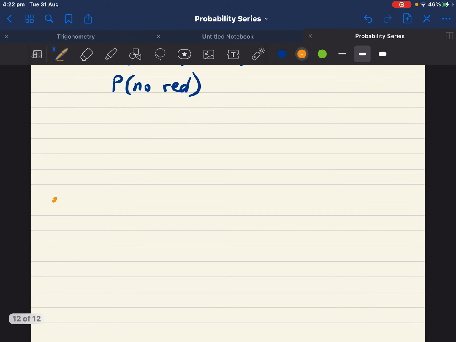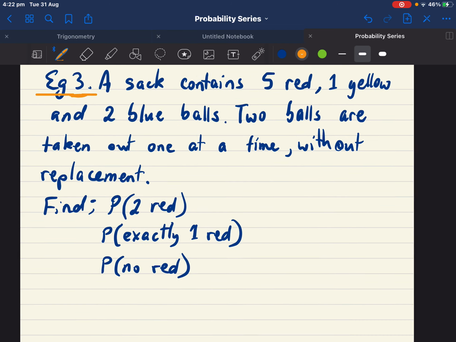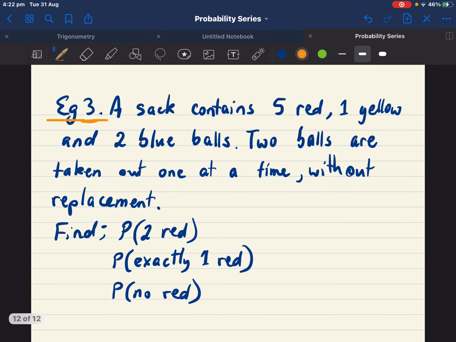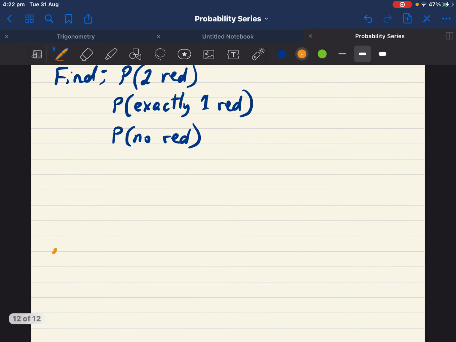All right, let's start it off. What's the first thing that's happening in this multi-stage event? We're going to be taking a ball out of a sack. What are our different options? Well, when we take the ball out, we could end up with red, yellow, or blue. So in this particular case, we have 3 different options: red, yellow, or blue.